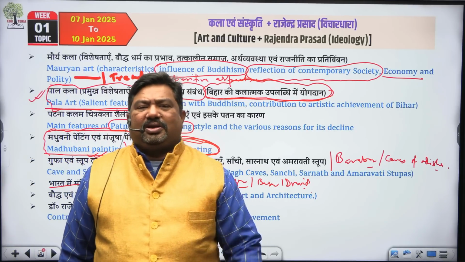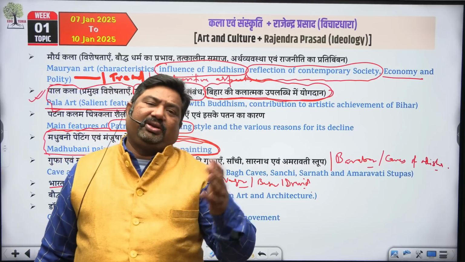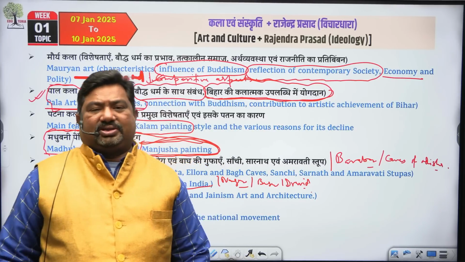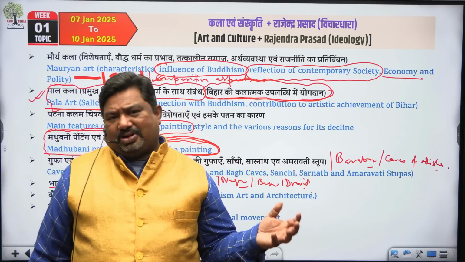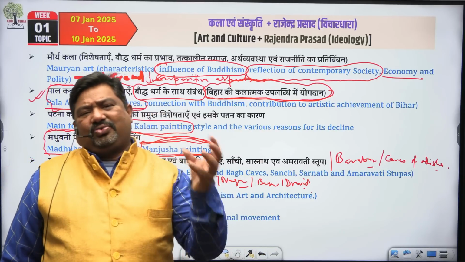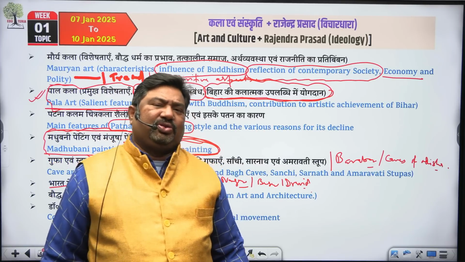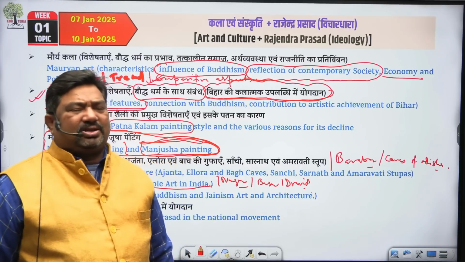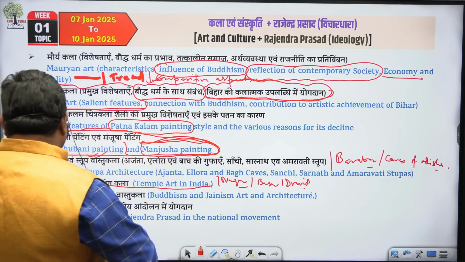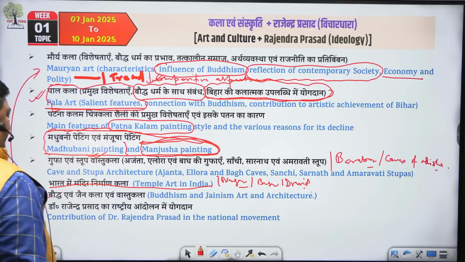Especially if you look at the Parasnath hills, there you will find a lot of Jain architecture. And in Patna, in different parts of Bihar, you'll find a lot of Buddhist art and architecture, because it was the citadel of the Mauryan Empire, so it casts its shadow. So this chapter we can see during the Mauryan art itself.